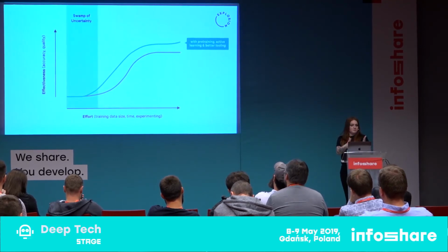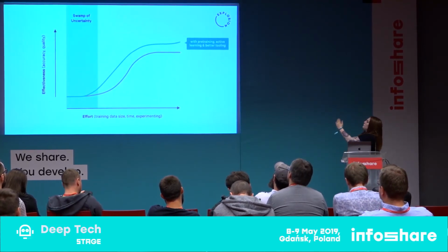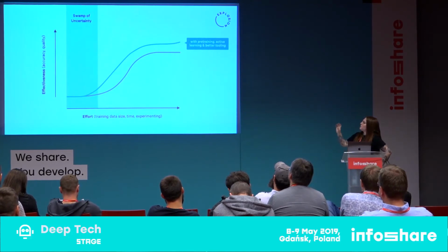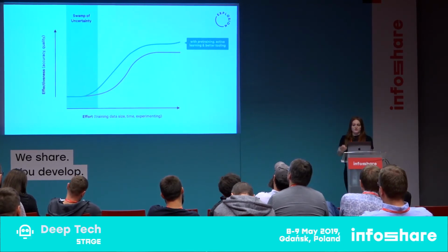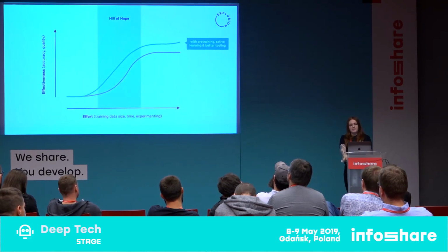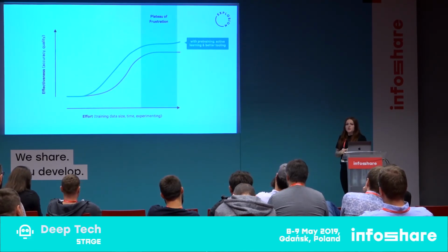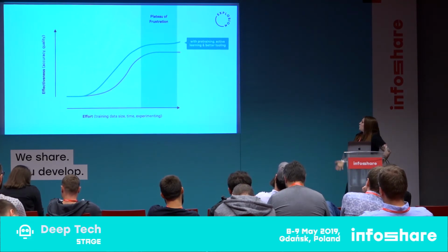As we can see here, in the swamp of uncertainty, we're finally seeing results faster. You need to put in less work to see whether it's working or not. Similarly, the Hill of Hope looks kind of similar, but even on the plateau there's still some uptick. You can see that maybe if I put in a bit more work, a bit more is going to happen.